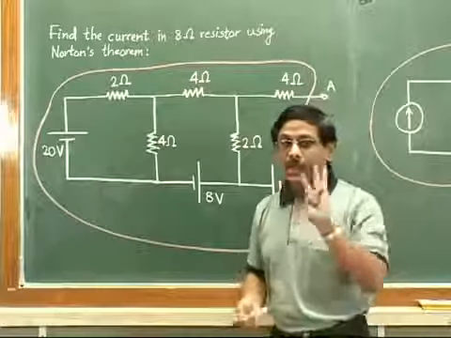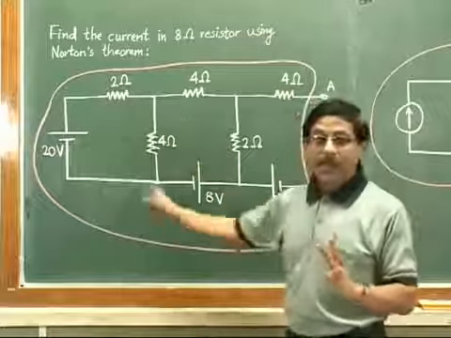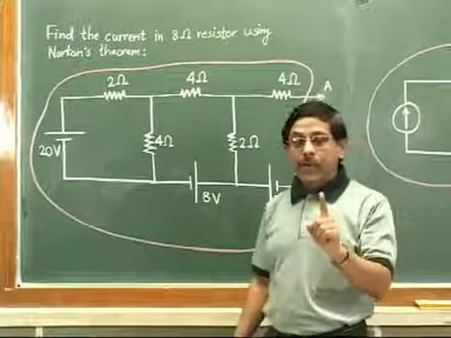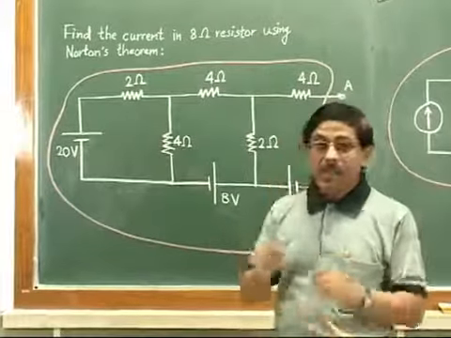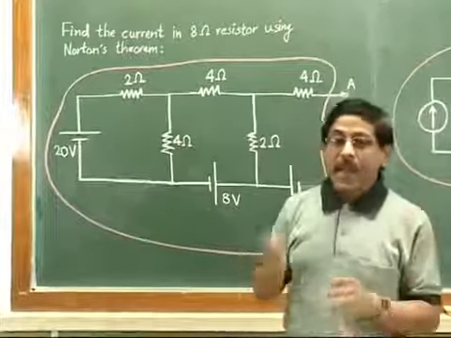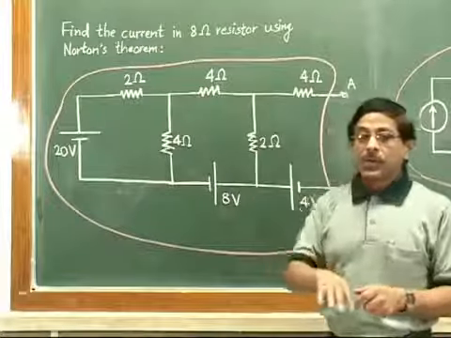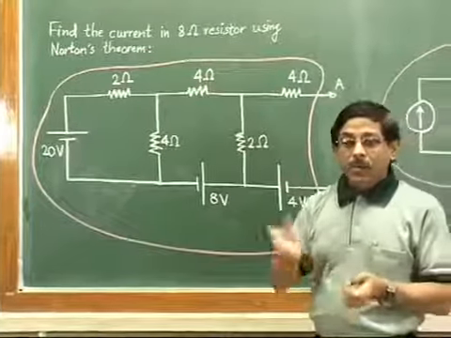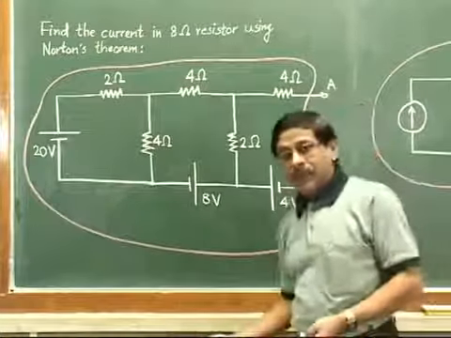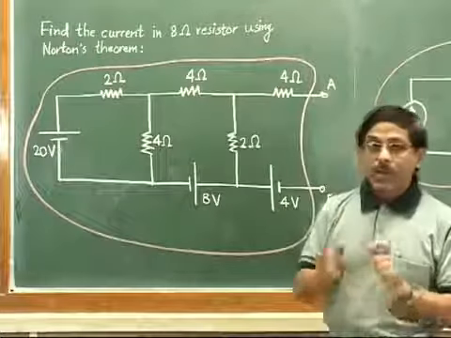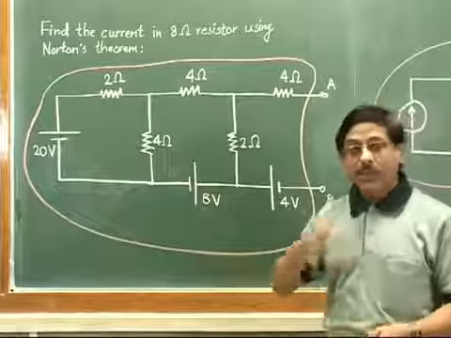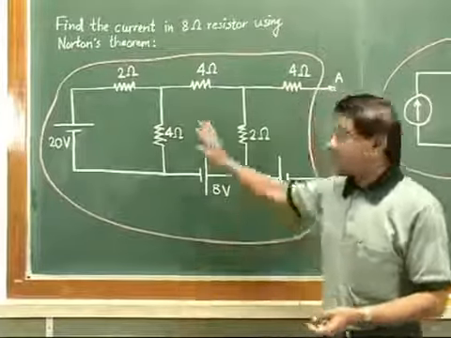So only 3 basic things to make this circuit passive: for an ideal voltage source, a plain short circuit; for an ideal current source, a simple open circuit; and if the sources are not ideal and have some internal resistance, we replace the sources with their internal resistances. So that is the idea.